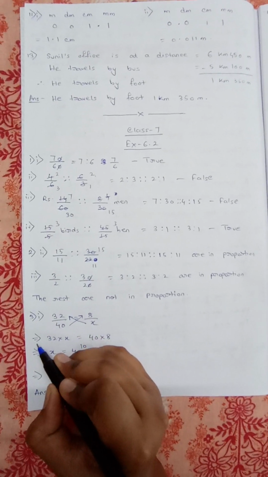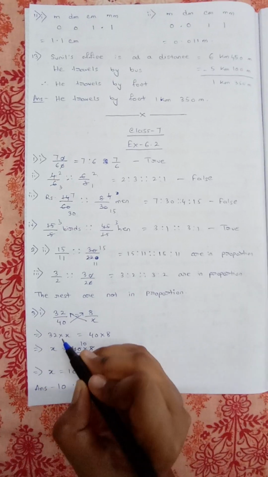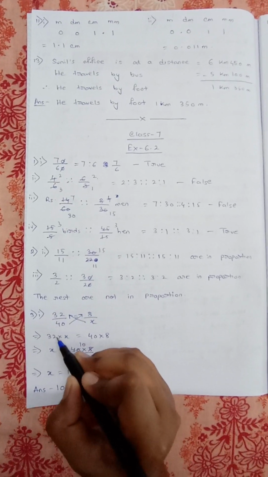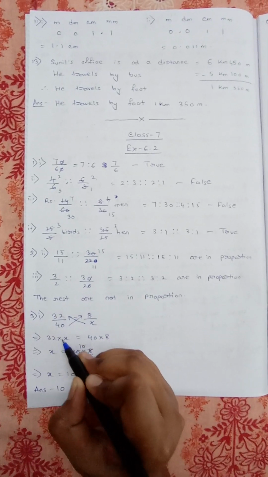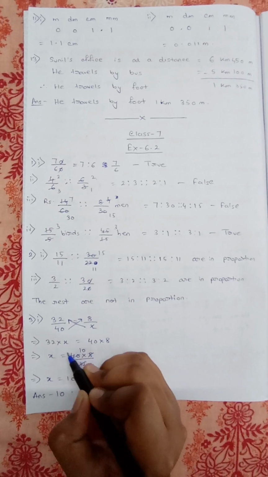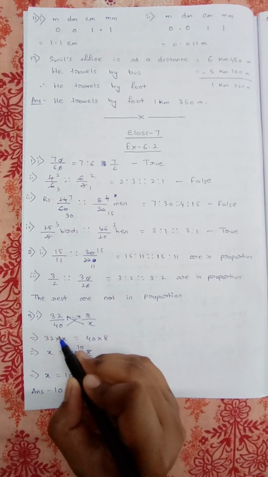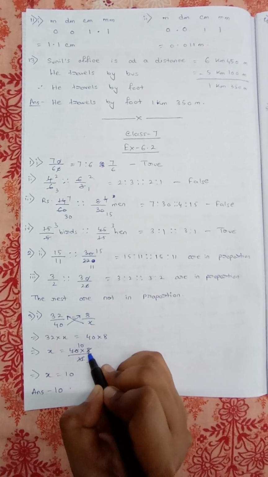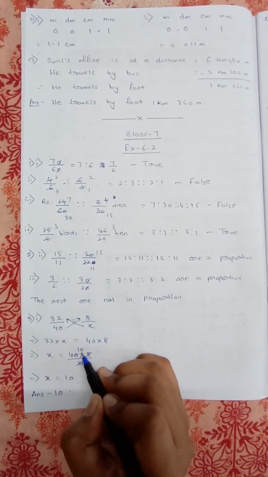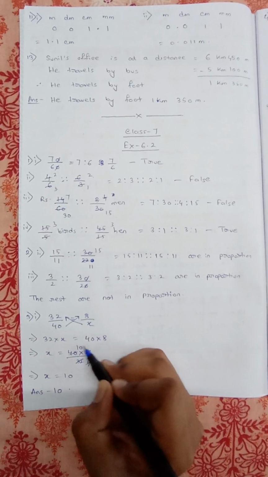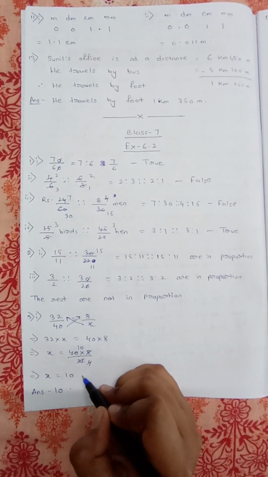Don't forget to write the equation, okay? We have to keep the x here, and this portion will get divided because here it is multiply. When this sign goes to the other side of the equals sign, it becomes the opposite, that means divide. You have to do the lowest term and the answer will be 10.